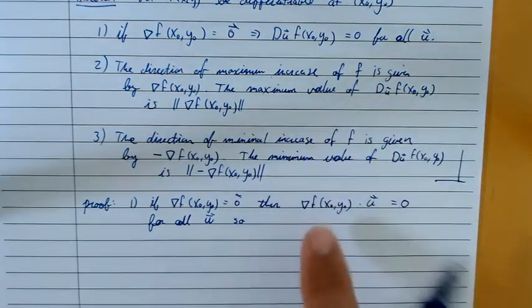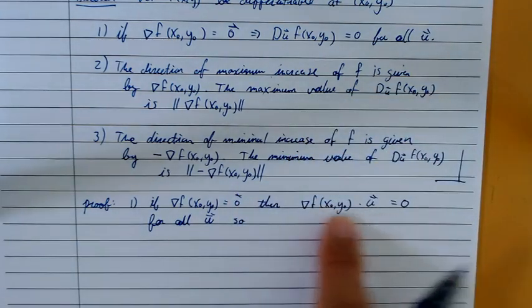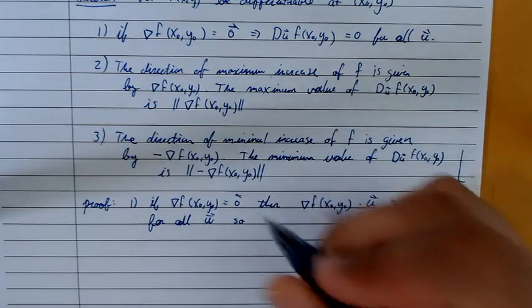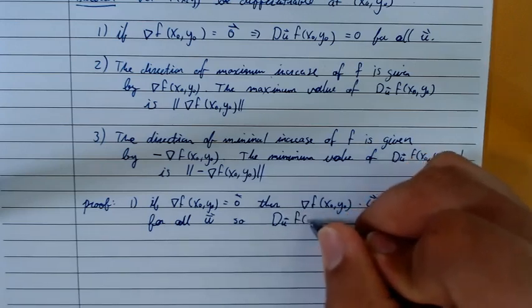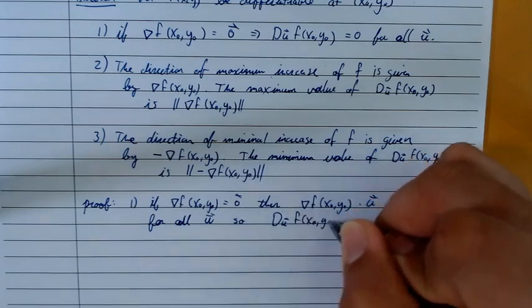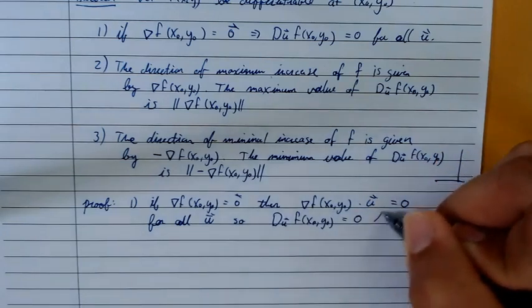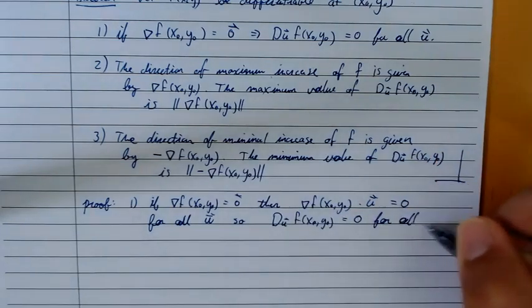So, by our previous theorem, which is a way of computing the directional derivative of f in the direction of u, the directional derivative in the direction of u of f at x naught comma y naught would equal 0 for all u.